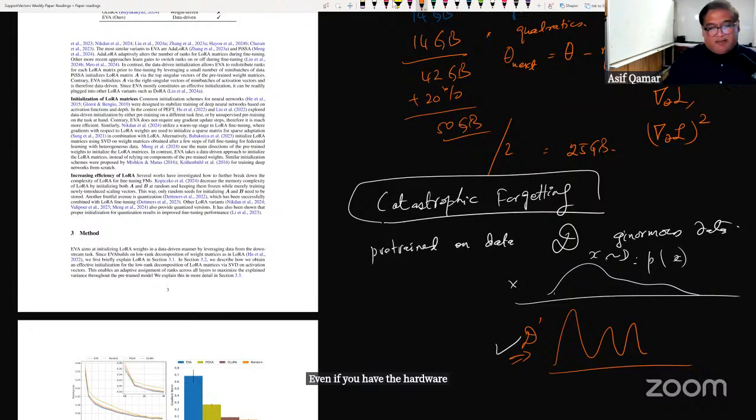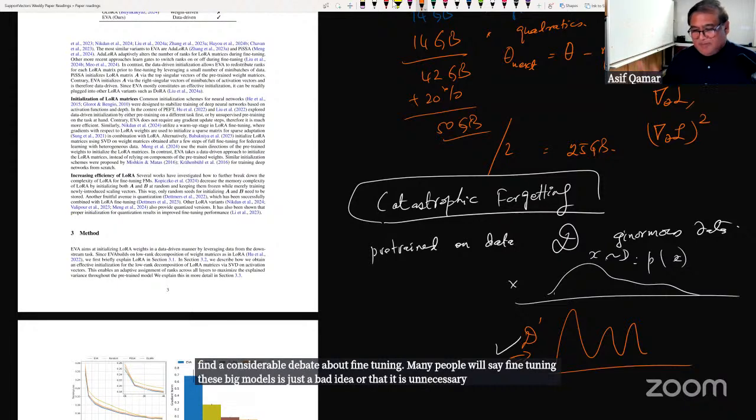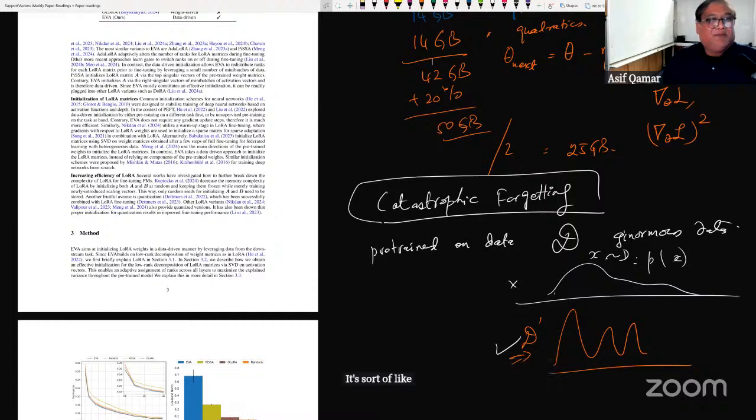And which is why on the internet, you find a considerable debate about fine-tuning. Many people will say fine-tuning these big models is just a bad idea, or that it is unnecessary. It's sort of like the pendulum of war. There is one camp that says fine-tuning is absolutely necessary. There's another camp that says anything but fine-tuning.